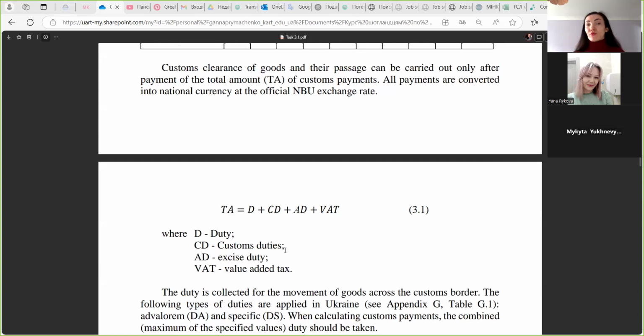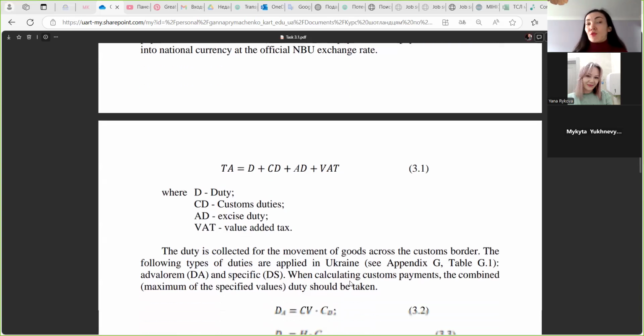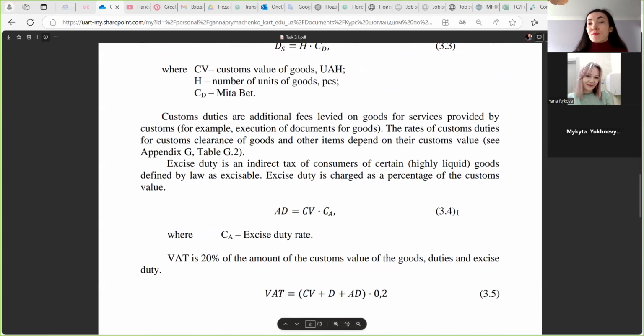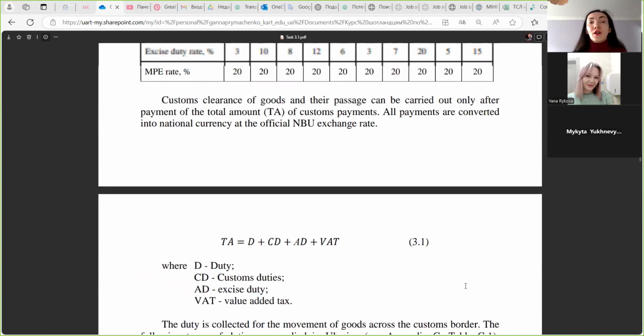You remember that you find it from table J.2 and we find it in hryvnias. You already write CD. Plus AD, it is excise duty, our formula 3.4, and plus the result of our formula 3.5 that we already calculated a few minutes ago.